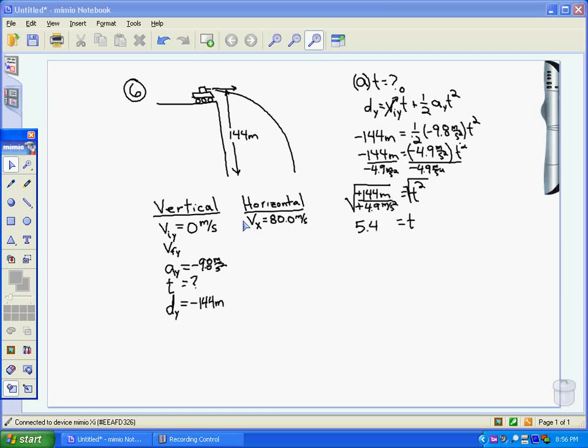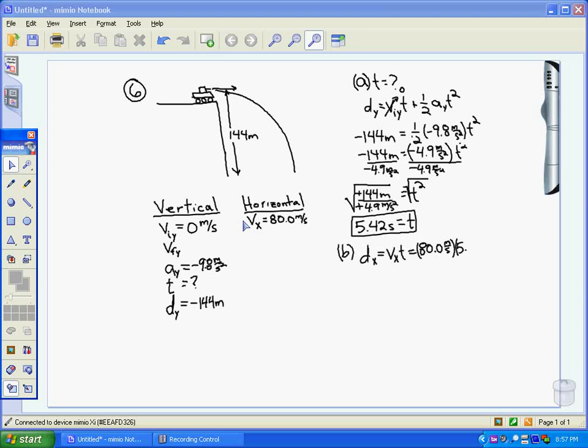The next question is how far horizontally, what was the horizontal distance traveled by the shell? So in part B, now that you have the time, the only equation you have in the horizontal direction is that dx is equal to vxt, which in this case, we know that Vx is 80 meters per second times the time that the shell was in the air, which is controlled by gravity.